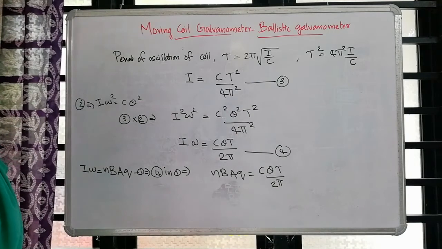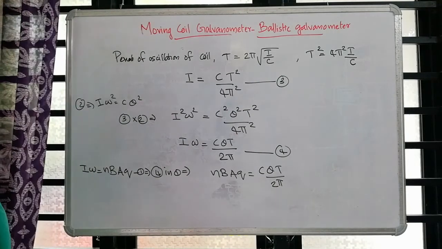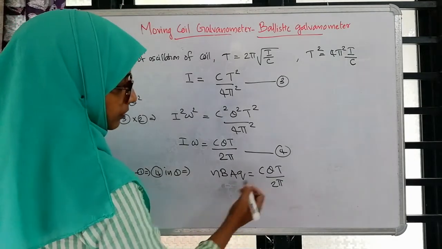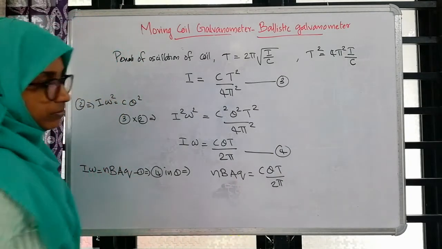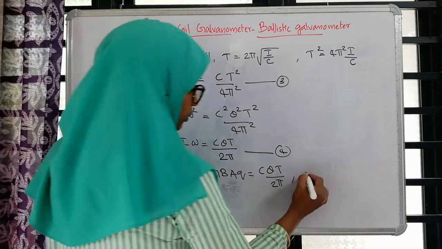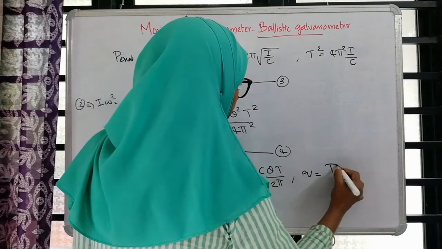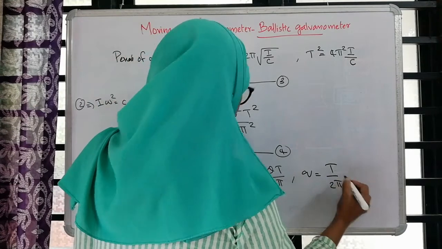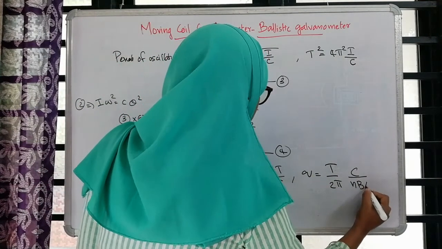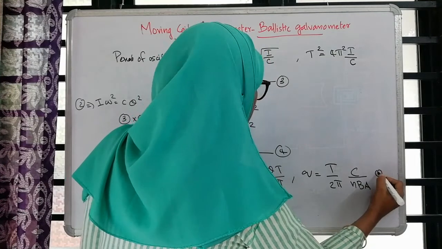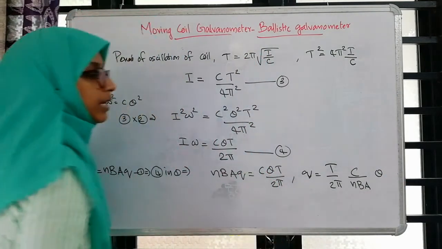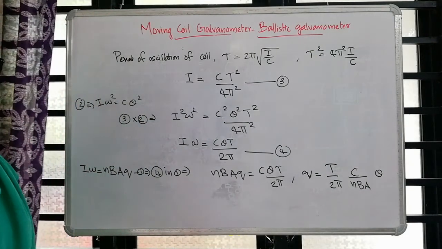That is NBAQ is equal to C T theta by 2 pi, which implies Q is equal to T by 2 pi into C by NBA into theta.